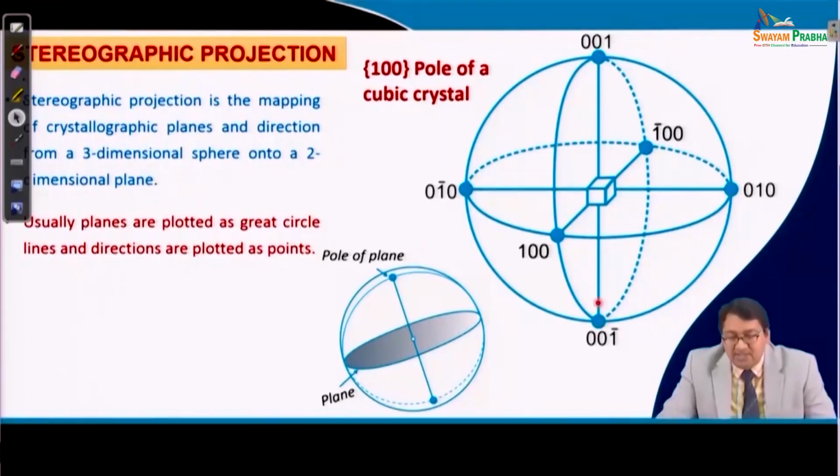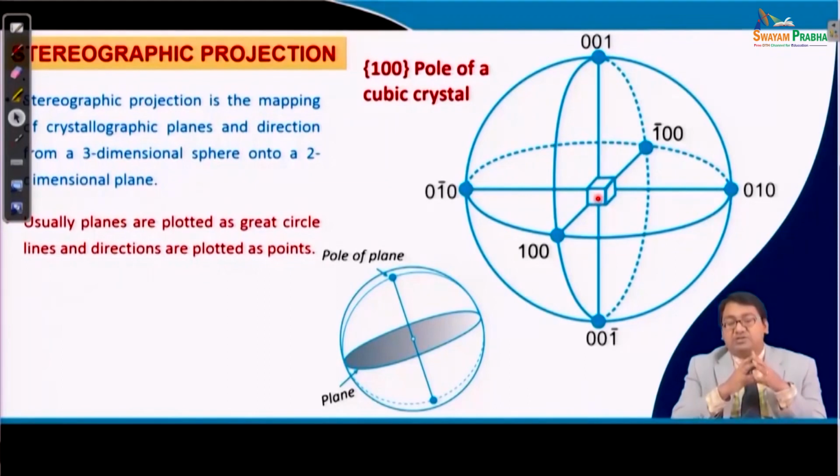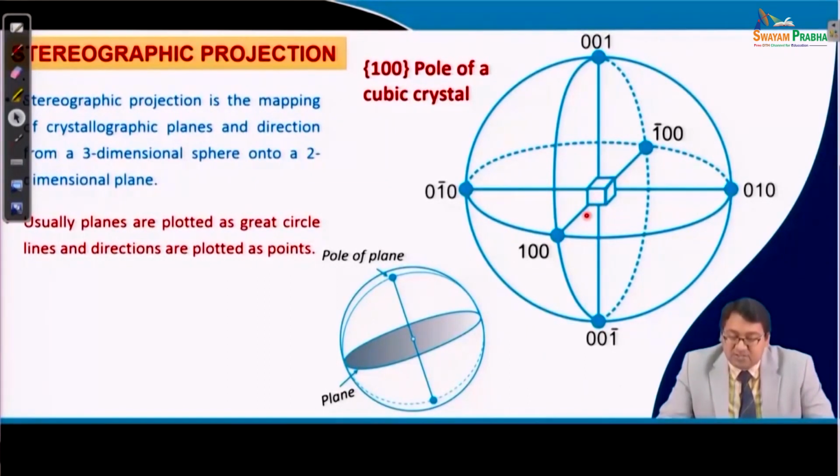On the other hand, if we take another plane, which plane? The plane which is perpendicular to the 0 1 0 direction, and this plane is also going through the center of the sphere, and if we expand this 0 1 0 plane, then it expands to the 3D stereographic sphere, and it will cut down the sphere in the circumference like this, right.